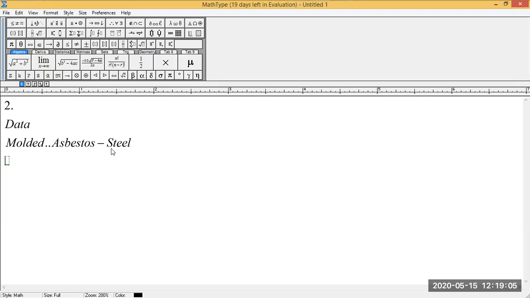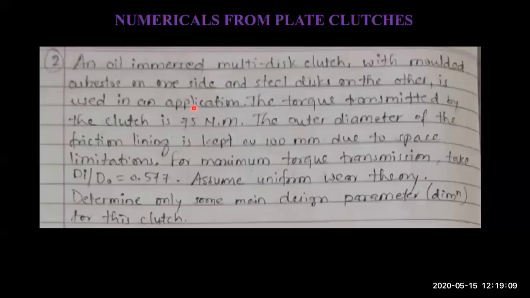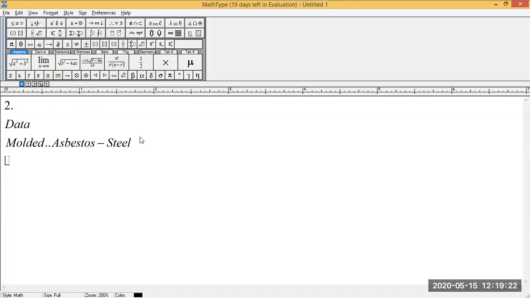The data handbook, I hope everyone has downloaded. The torque transmitted by the clutch is 75 Newton meter. So the torque transmitted is already given, so this becomes easy. MT, the torque transmitted, is from step 1.